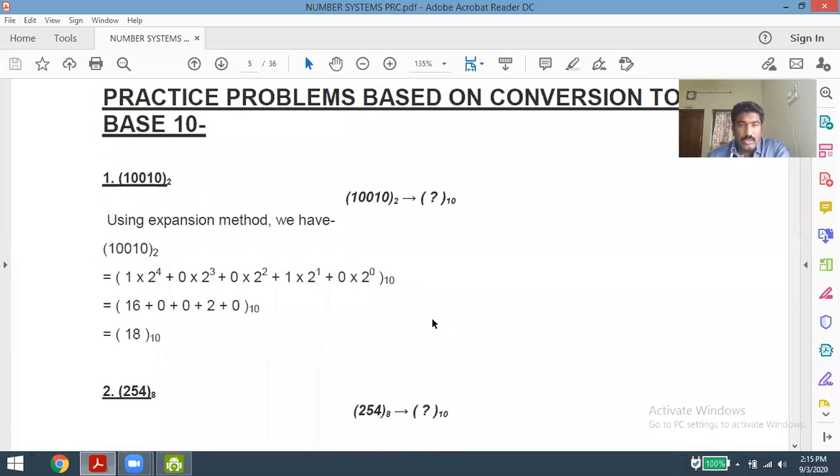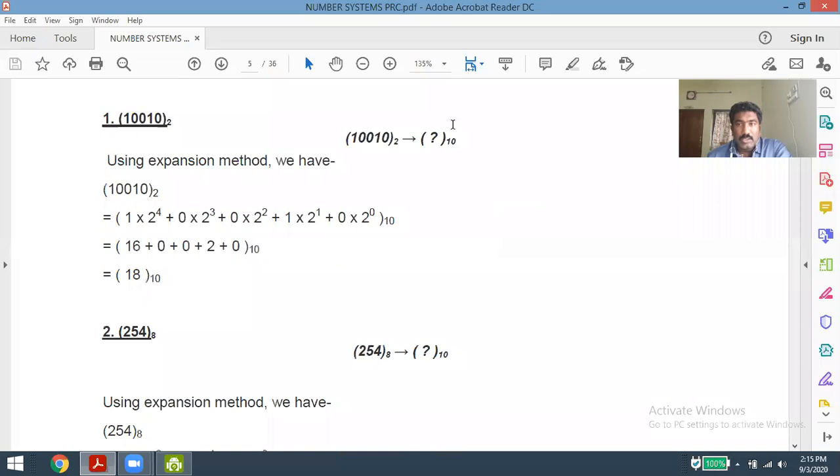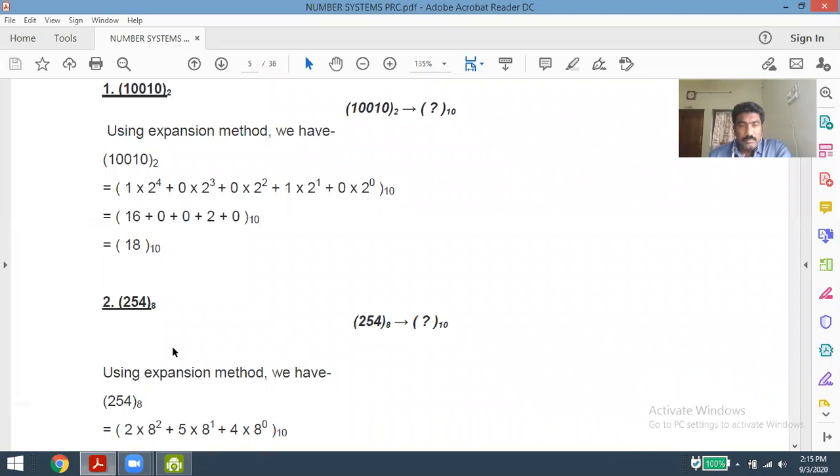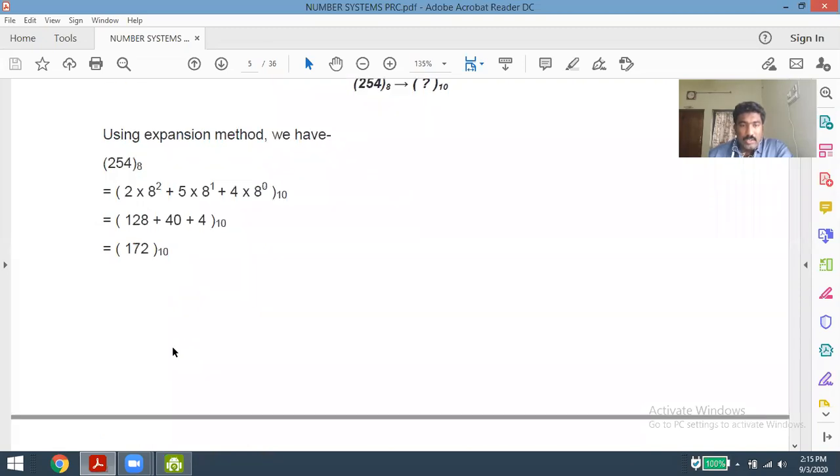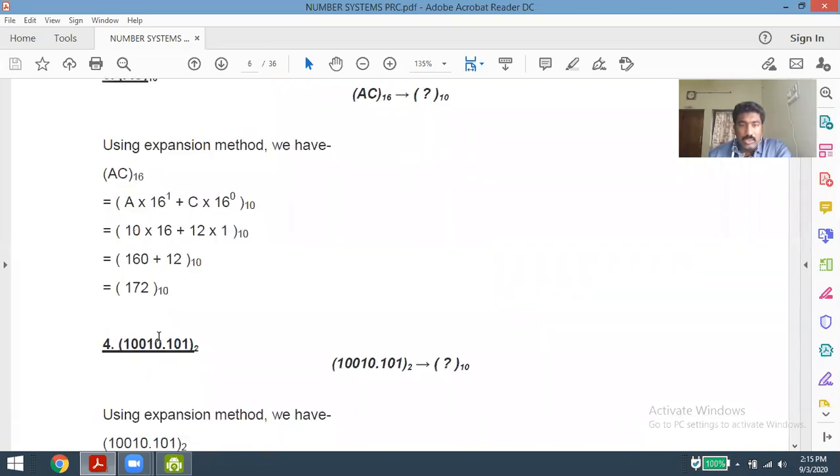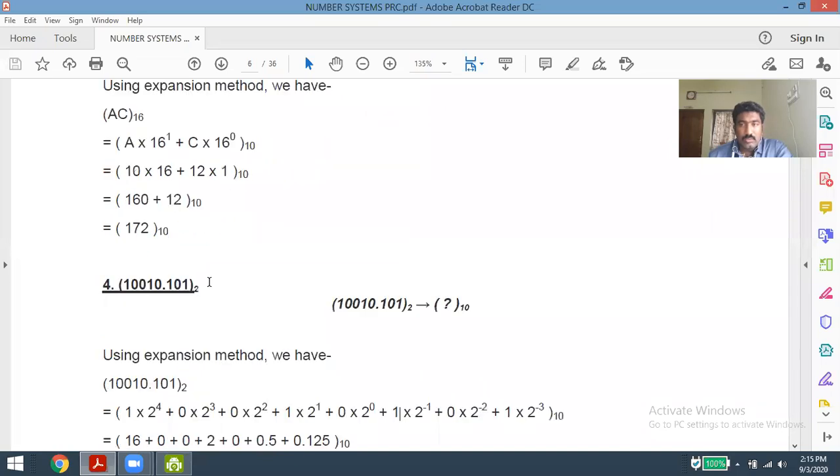If you have any doubt, I will place this entire material in Edmodo. You can check it. Please take all these questions, the ones with base 2, base 8, and base 16, and then go for the fractional type of operations with base 2.